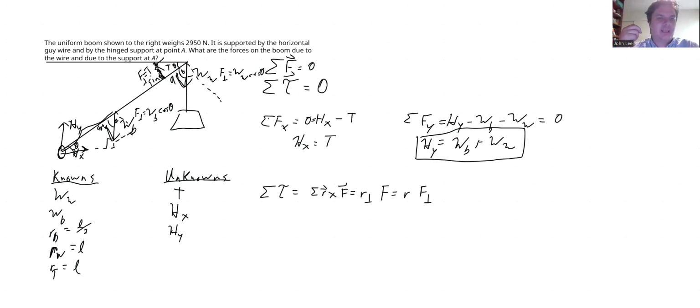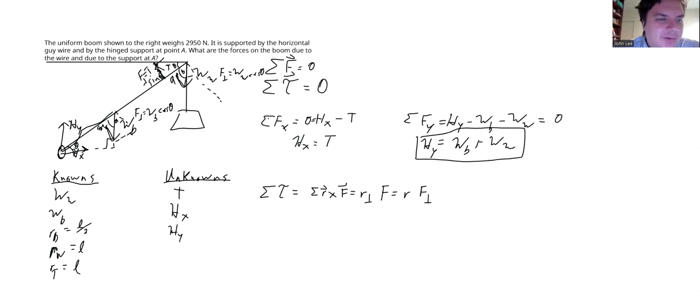Alternatively, if you look at the tension and then put R pointing up, and tension pointing to the side, that's going to give you a torque coming out of the board, which is going to give you a positive torque.